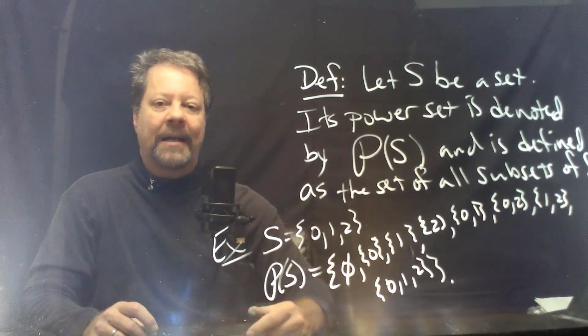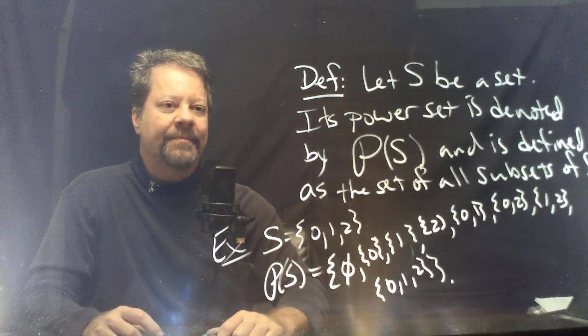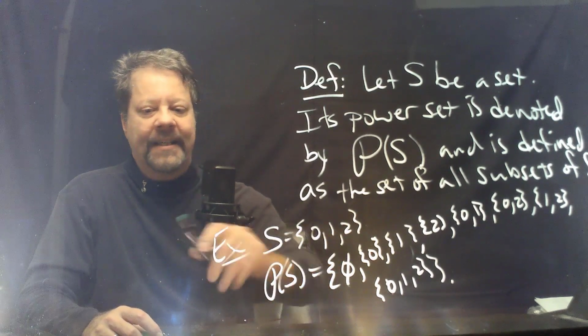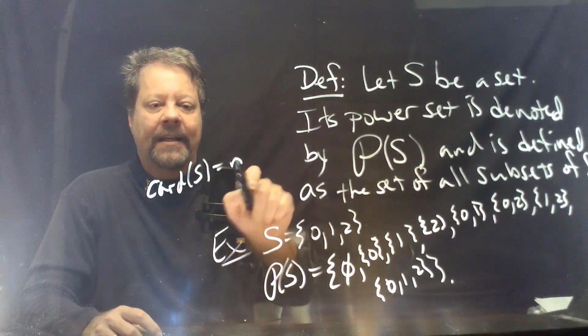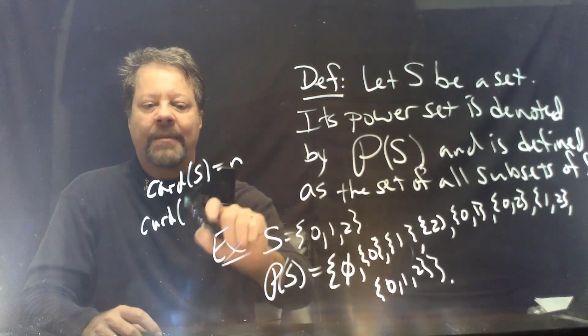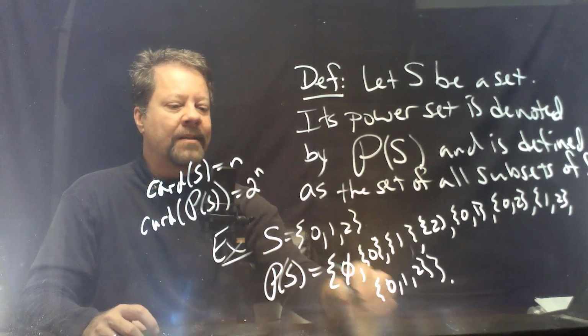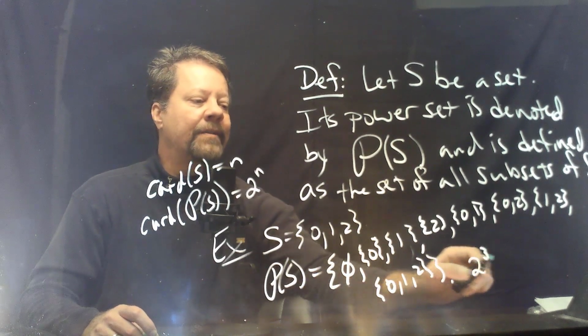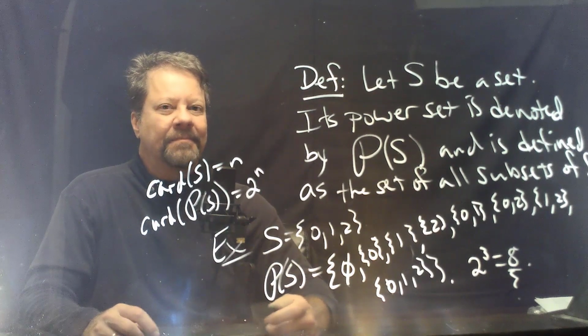There are 8 possible subsets of this original set that has 3 elements. By the way, if the cardinality of a set is n, then the number of elements in the power set will be 2 to the power n. So here we have 2 to the power 3 equals 8. We expect 8 elements in the power set.